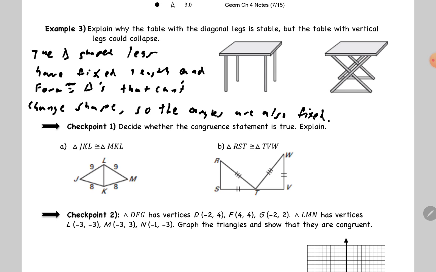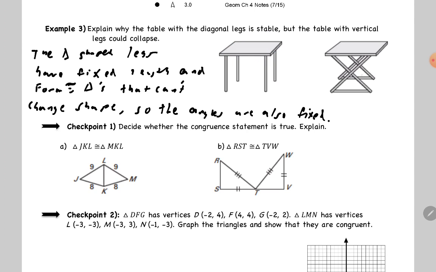So the angles are also fixed, which makes it stronger. What it's trying to say is the legs with vertical could collapse because you could tip the table so that the legs lean that way. They change their angle and then they just fall over. Like you just push the table sideways and then the legs bend.